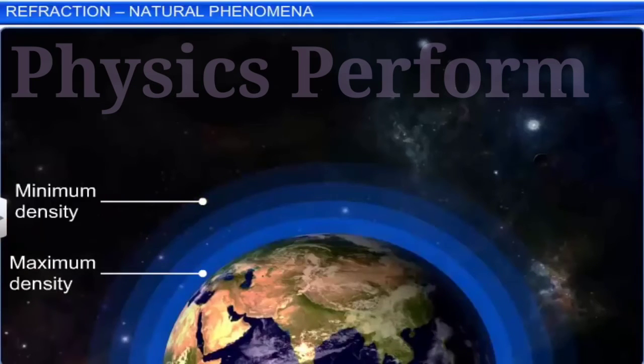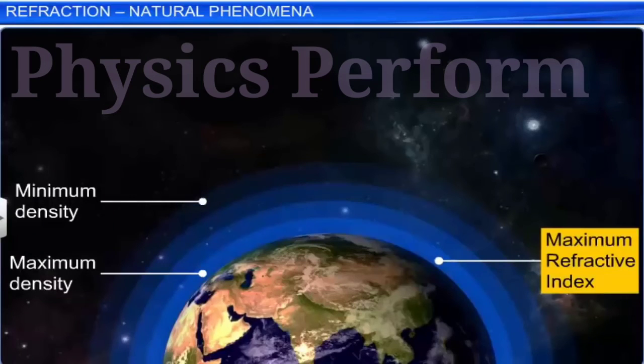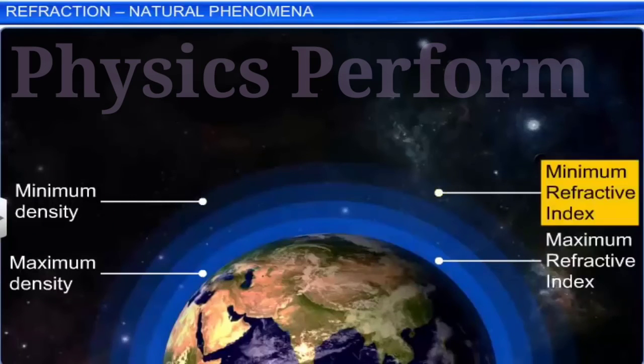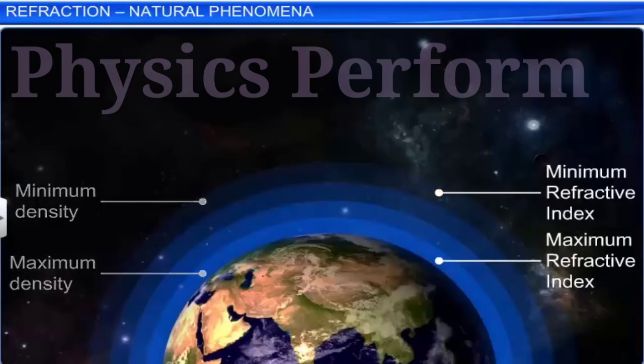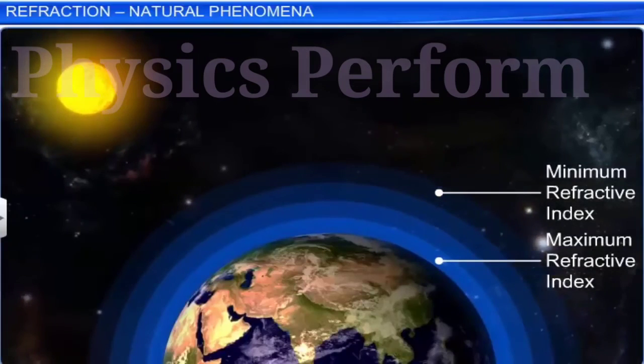When an oblique light ray from a heavenly body like the Sun enters the atmosphere, it continuously moves into regions of high refractive index and hence bends towards the normal. This bending of light through atmospheric air is known as atmospheric refraction.